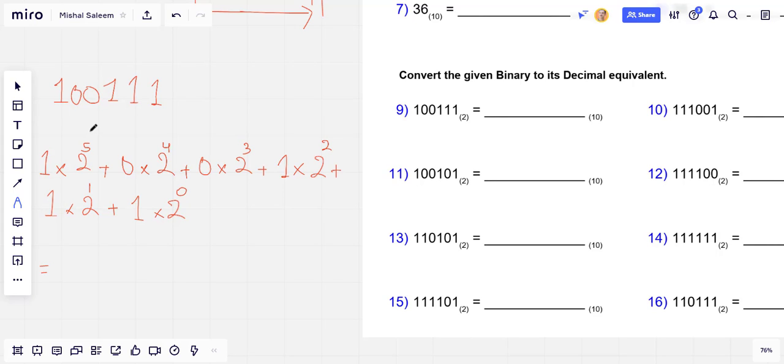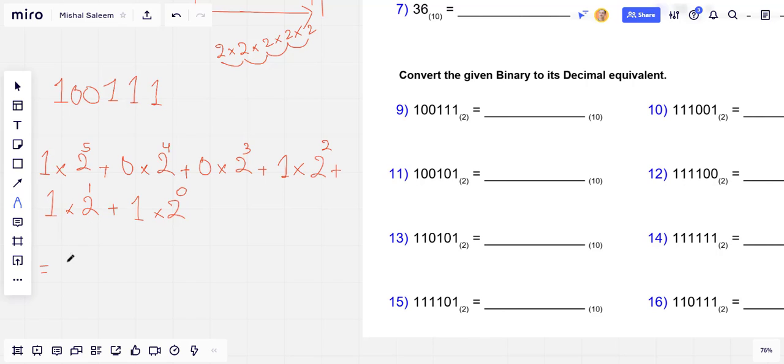Now in case you don't know how to find 2 to the power 5, it means multiply five 2's like this. So 2 times 2 is 4, 4 times 2 is 8, 8 times 2 is 16, 16 times 2 is 32.